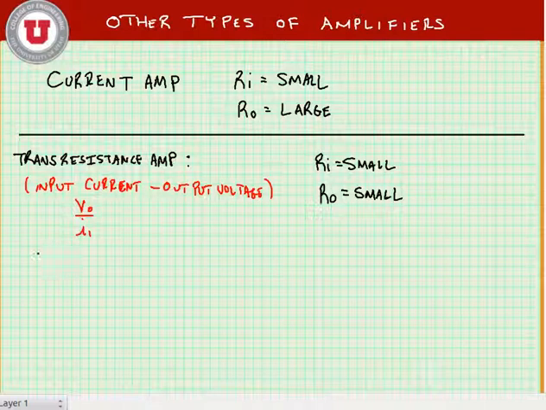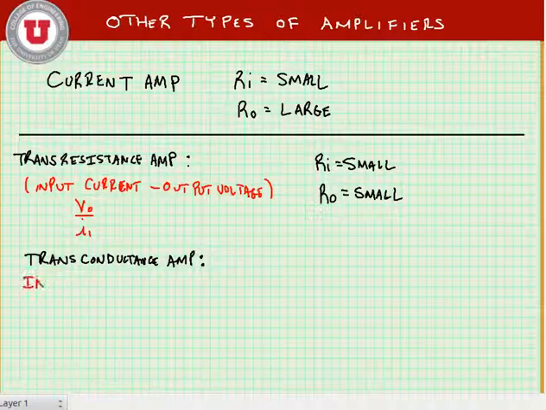Now, in addition to a transresistance amplifier, we can also dream that we might have a transconductance amplifier. Of course, this is what a transistor does naturally. It converts a voltage to a current. So here we have an input voltage that leads to an output current.